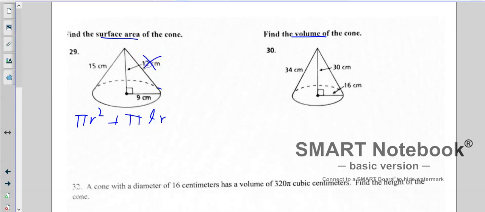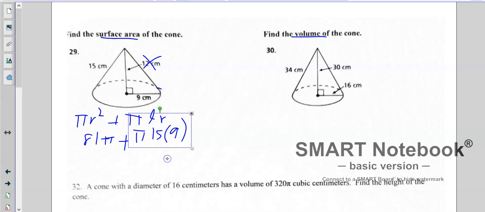We actually don't need this 12 in this problem. We don't need the real height. That's a distractor, right? So the radius is 9. 9 squared is 81. Here we have pi. Our slant height is 15. And our radius is 9.